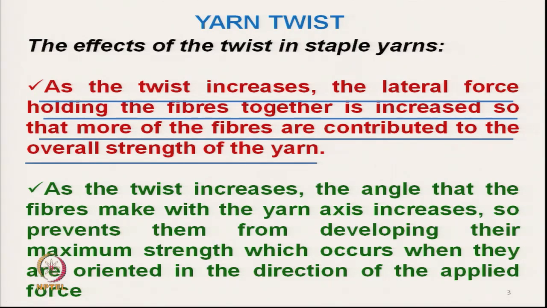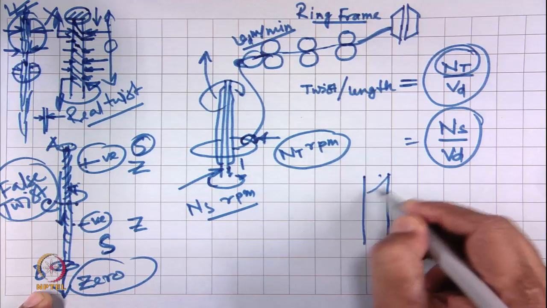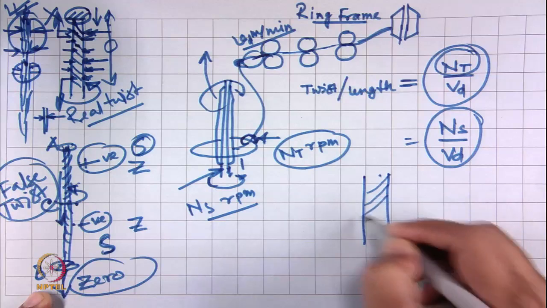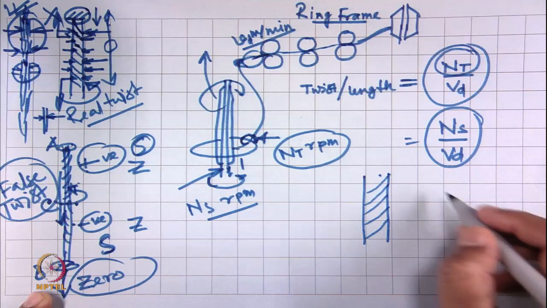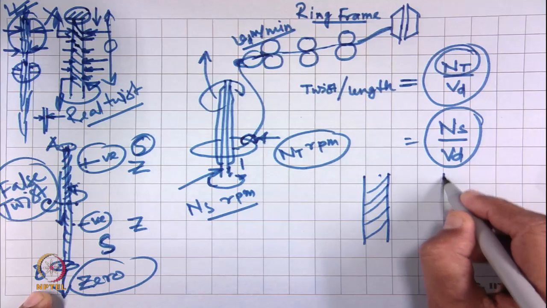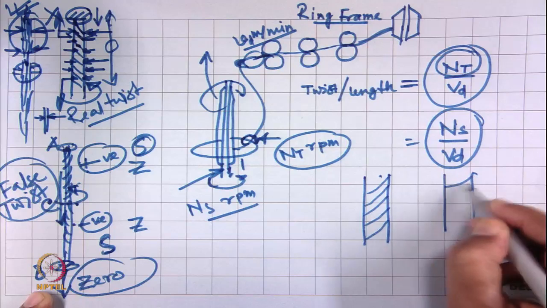Suppose this is a yarn, and here this is a fiber. Now, another yarn with a high twist.